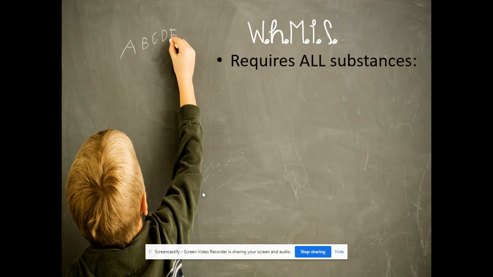WHMIS requires that all substances have a few things. One is that it's classified. So there are all these different classifications and they all go along with symbols and they're all lettered. So they all have to fall into one classification. Okay, then they have to be labeled.